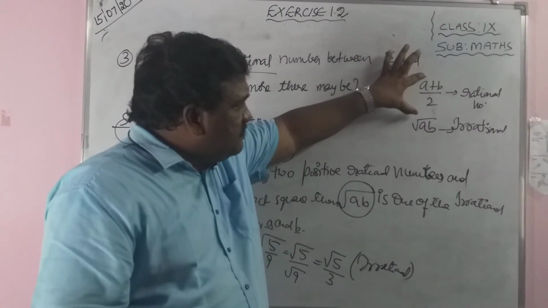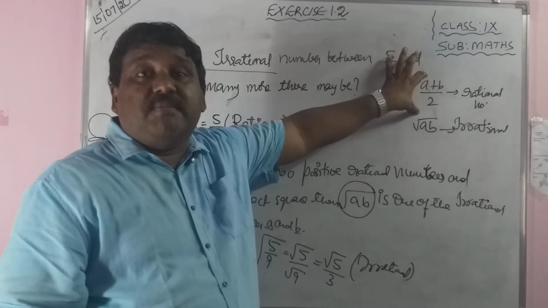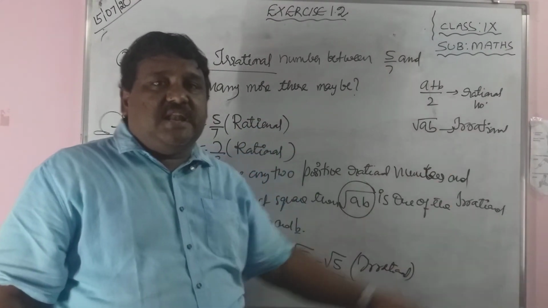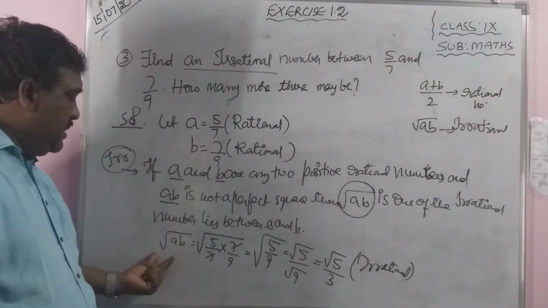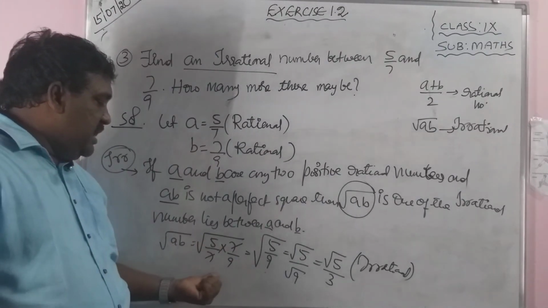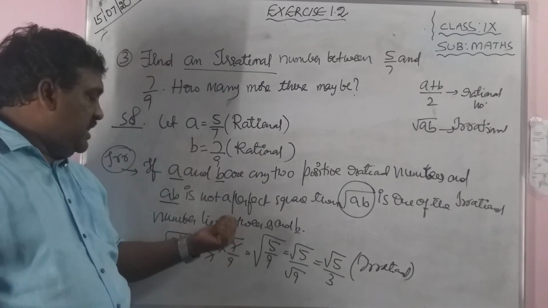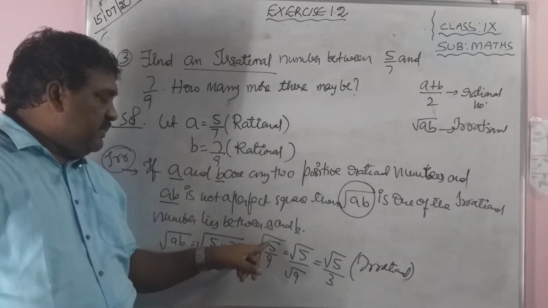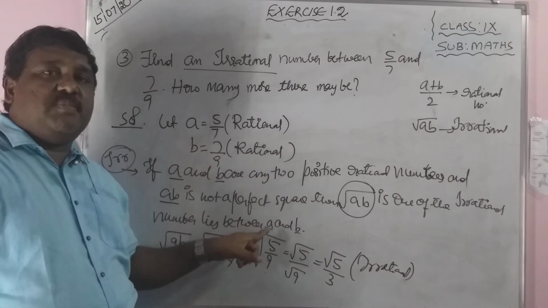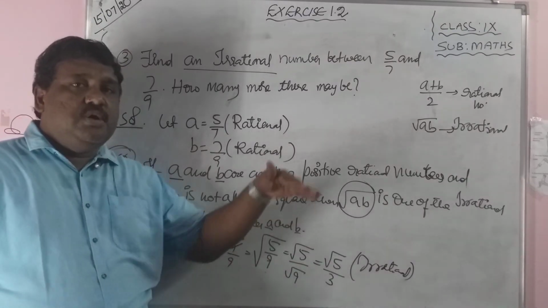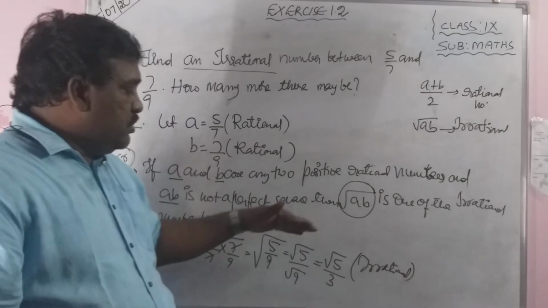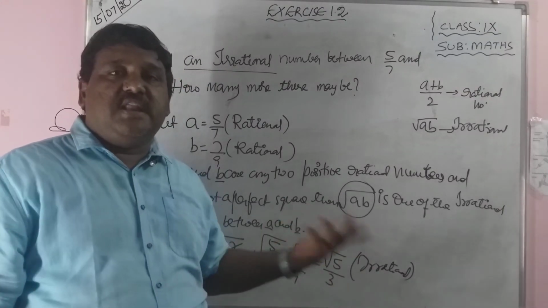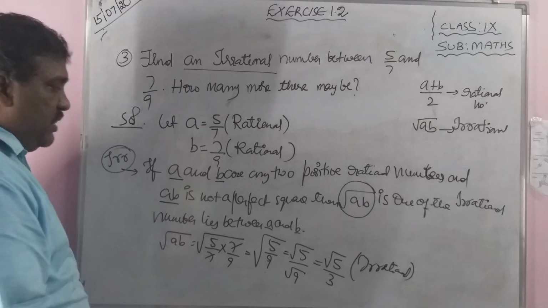A plus b by 2 is rational, by the mean method. Root ab is irrational. Root of 5 by 7 into 7 by 9: 7 cancels, we get root 5 by 9, which is root 5 by root 9, which is root 5 by 3. Root 5 is irrational, so the answer is root 5 by 3.